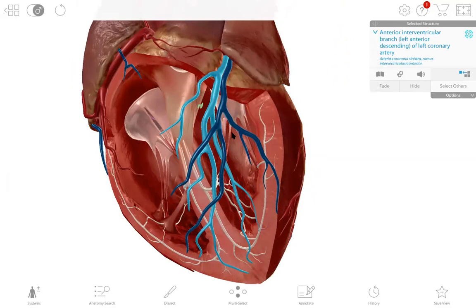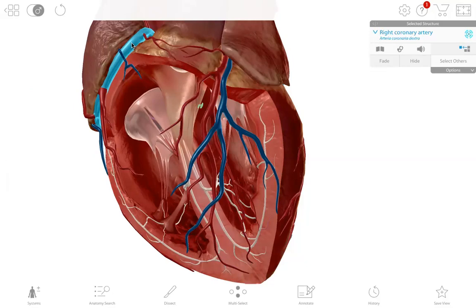Take this information: the whole of the conducting system is supplied by the right coronary artery, except a small part of the left bundle branch, which is supplied by the left coronary artery.